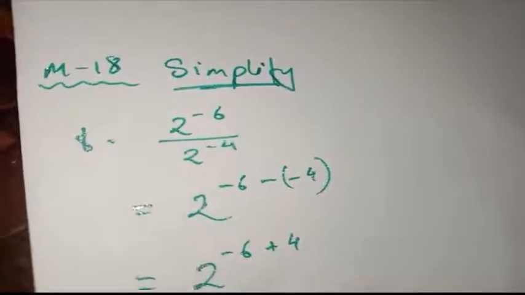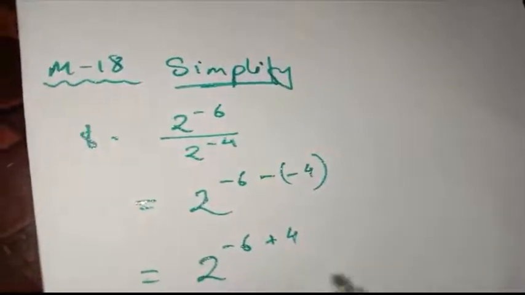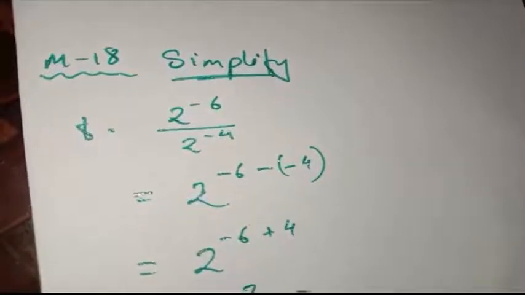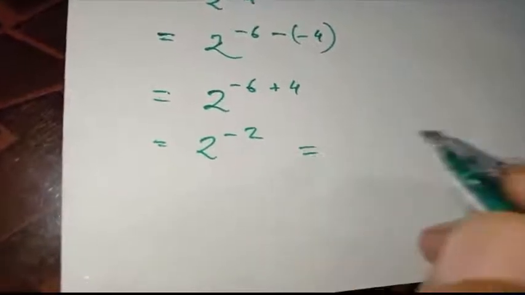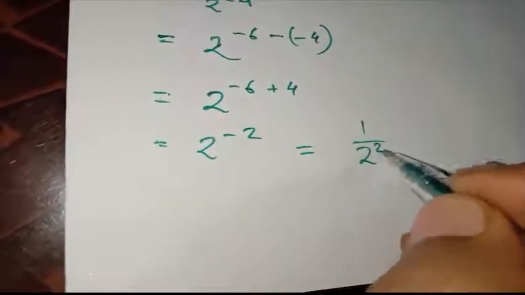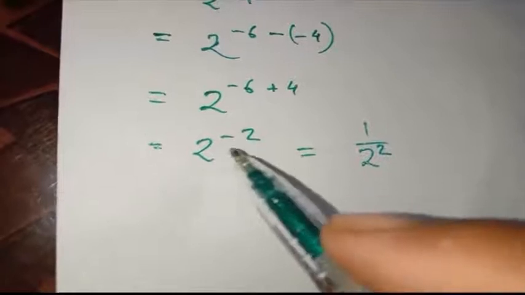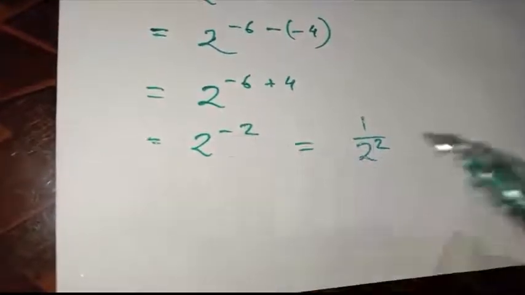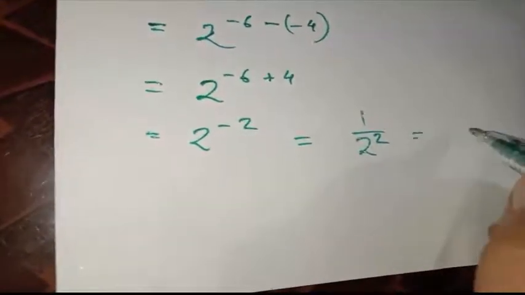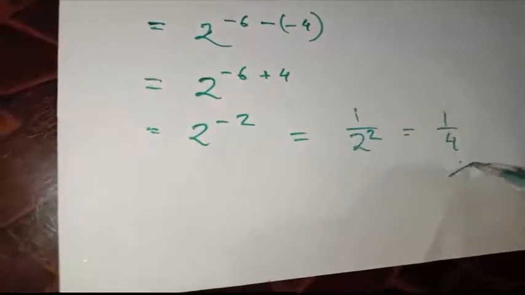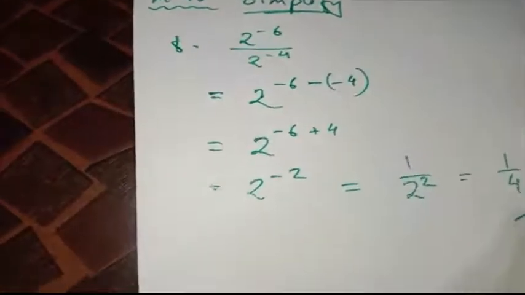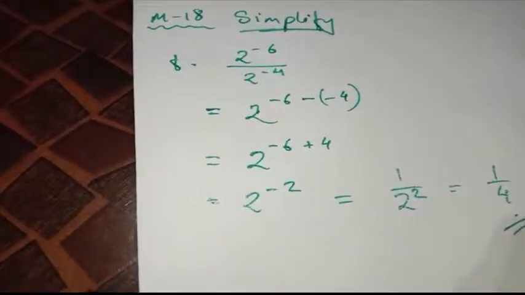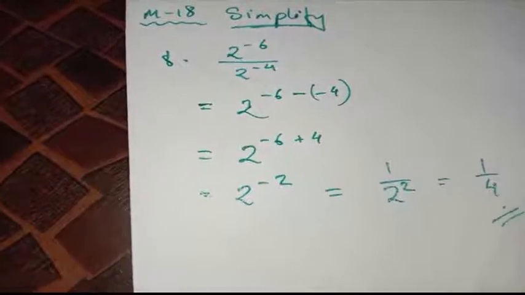So minus 6 plus 4 will become 2 to the power minus 2. Now 2 to the power minus 2 can be written as 1 by 2 square. Since this is a negative power, this will become reciprocal, so 1 by 2 square, so the answer will be 1 by 4. This is how you are going to use different formulas to simplify all the questions in module number 18.